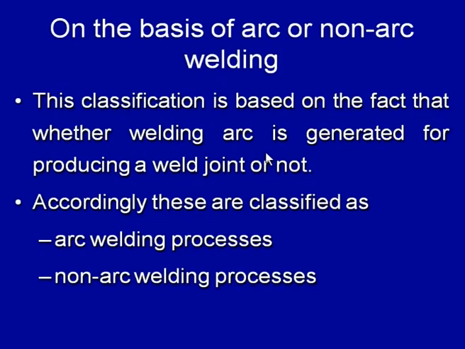Here the welding arc is mainly used for generating the heat required for melting the faying surfaces, so that metallic continuity can be obtained either with the use of the filler material or without use of the filler material. So, based on this we can classify as arc welding processes or non-arc welding processes.